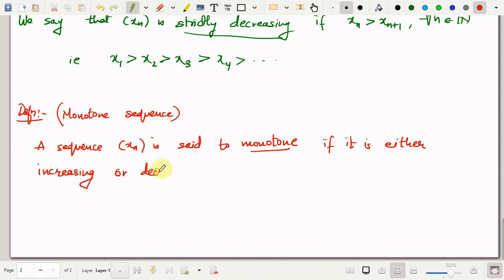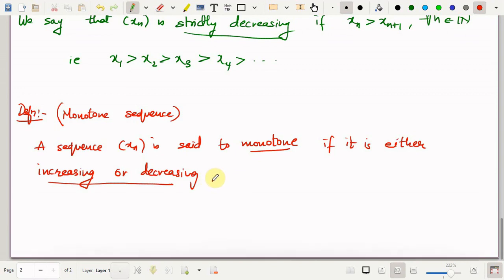So one can conclude that the given sequence is monotone if it is either increasing or decreasing. It can be both, as we have seen in one example, a constant sequence which is increasing as well as decreasing.